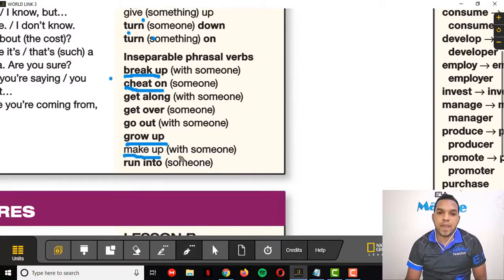The other one is make up with someone. When you make up with someone, guys, in this case, you forgive a person. If you are having a bad situation with another person, maybe you are angry, each one of you, and you say, okay, well, let's forget about everything that was happening.